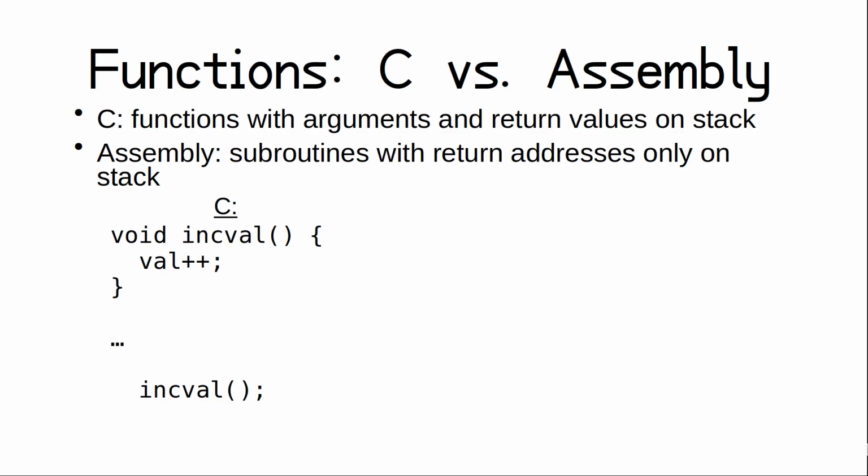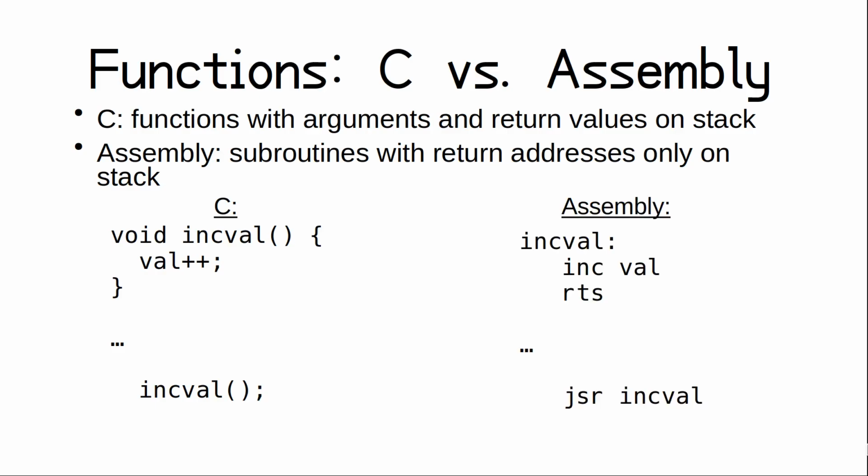Then we can call that function by just putting that identifier in another part of the program, followed by parentheses and a semicolon. A lot of this type of syntax is not possible with assembly, so it has to be done differently. A subroutine can start at any address in your code, and usually that starts with a label.